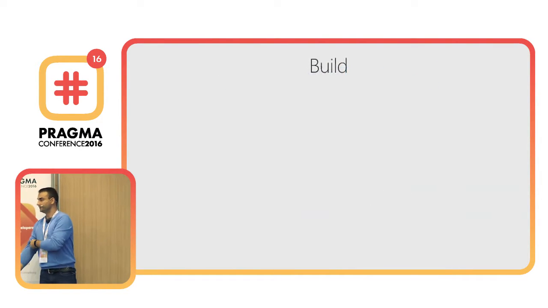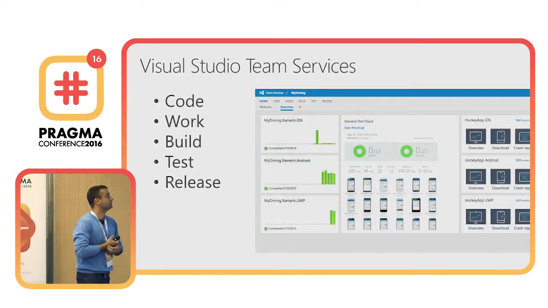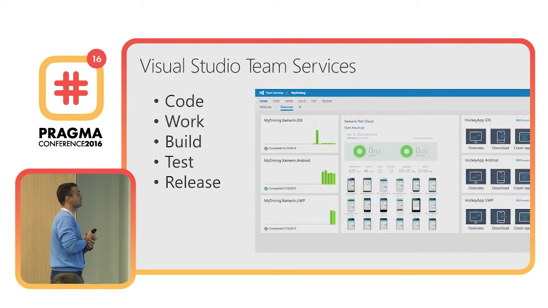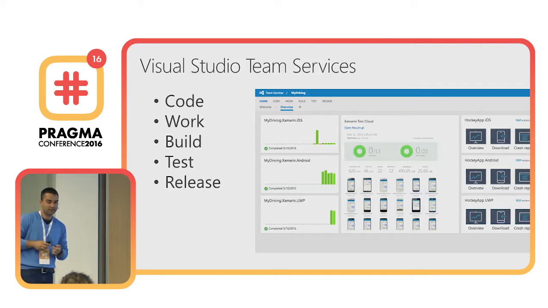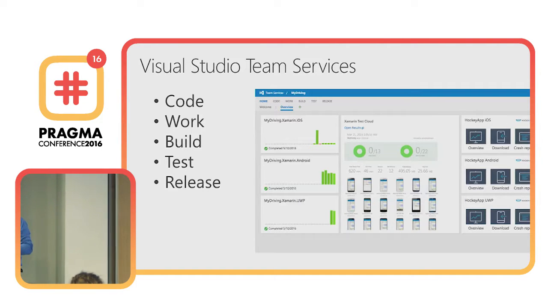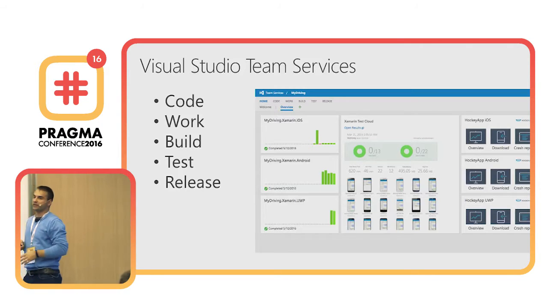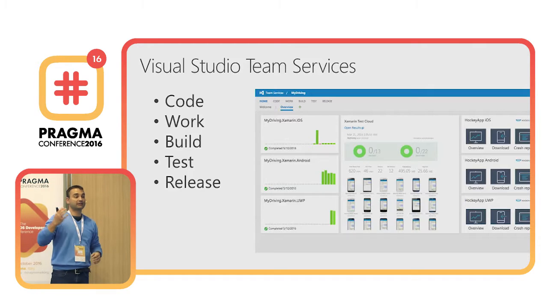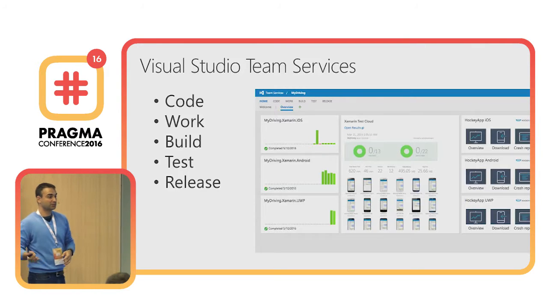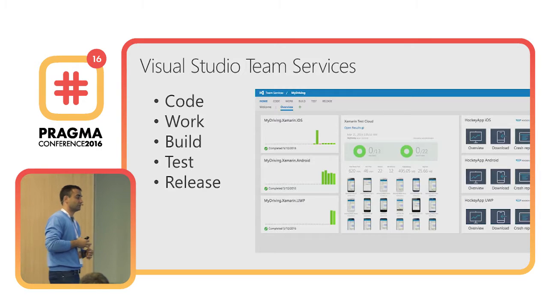Then you have the build. For the build part, you can use Visual Studio Team Services, because it enables you to do everything from coding to releasing. So coding, you can start a project and you have both Git repository options or Team Foundation Server repository.